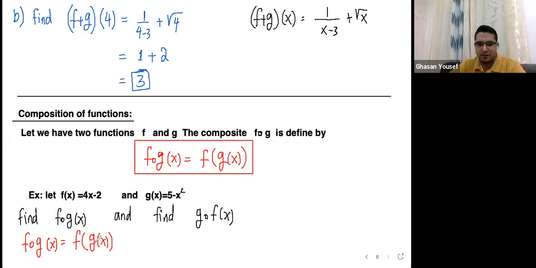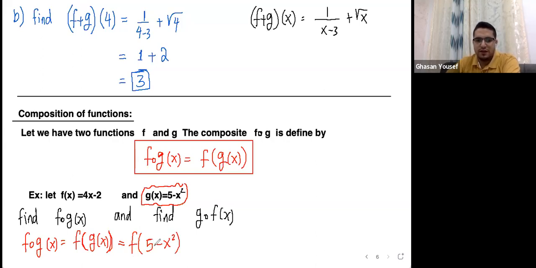My g of x is 5 minus x squared. We're going to plug this function inside the function f. Now this is equal to f of 5 minus x squared.